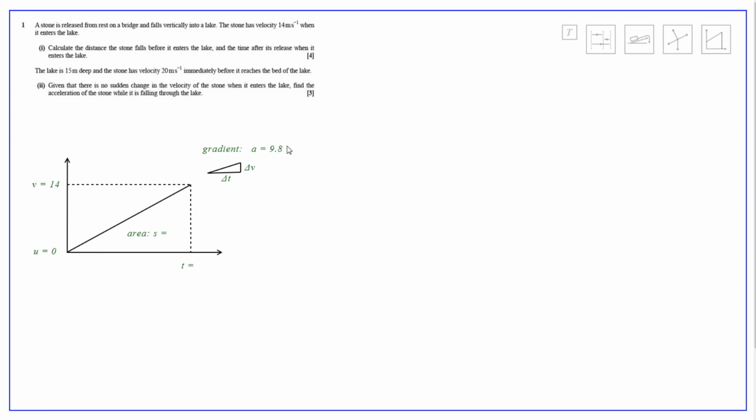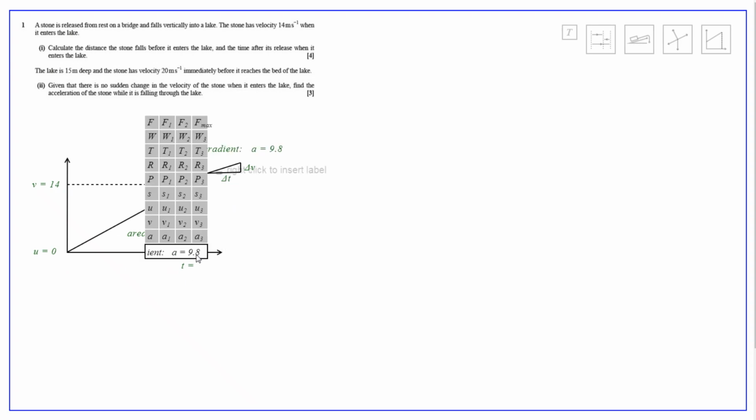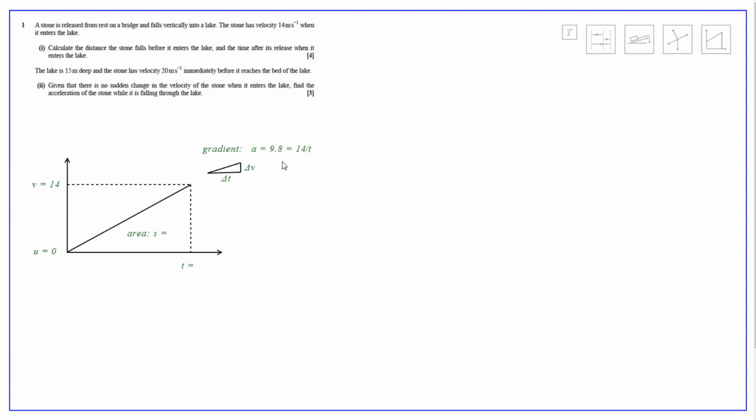But then we can also see that the gradient must be the result of 14, the velocity increase, divided by t, the time taken. That's going to be the rate of increase in velocity. 14 over t. So we know 9.8 equals 14 over t.